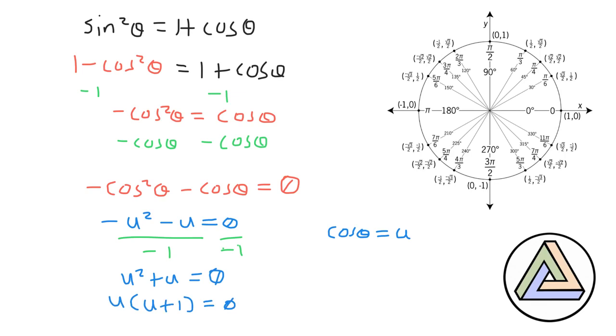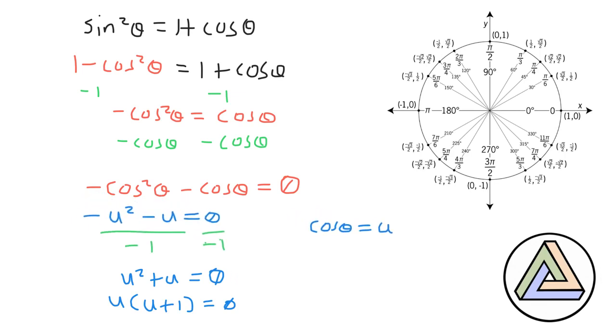So at that point, we need to just keep in mind that whenever you're solving quadratic equations, it might benefit you to turn it into two separate equations from here on out, where we know for a fact that if u was 0, then 0 times whatever this is would be 0.